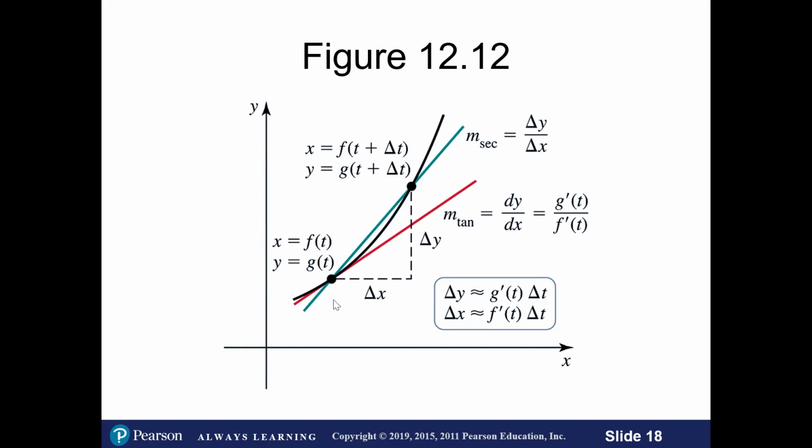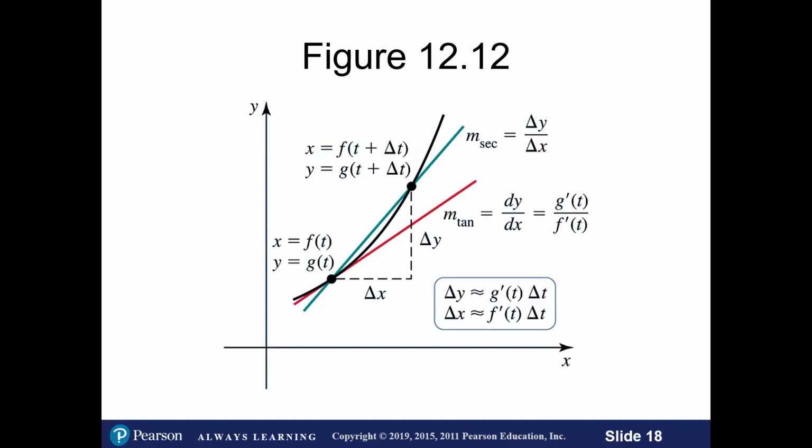So if we look at our curve here, we know that the slope of that secant line is delta y over delta x.